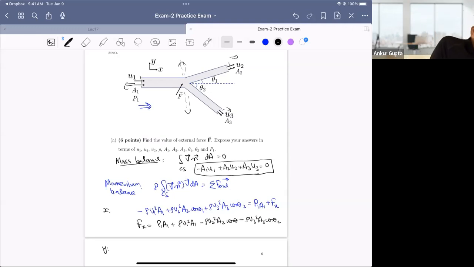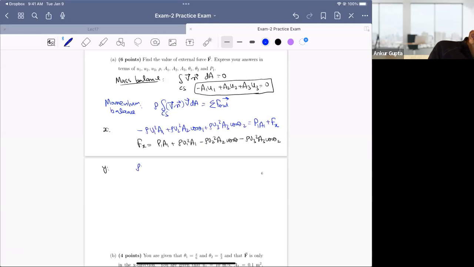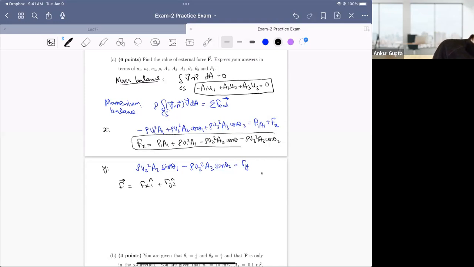So basically we get rho U2 square A2 sine theta 1 minus rho U3 square A3 sine theta 2 is equal to F of y. And so I have F of x and F of y. So my F vector is simply Fx i hat plus Fy j hat. I don't have to expand more. So I have these three equations that I will box now that are my main results.